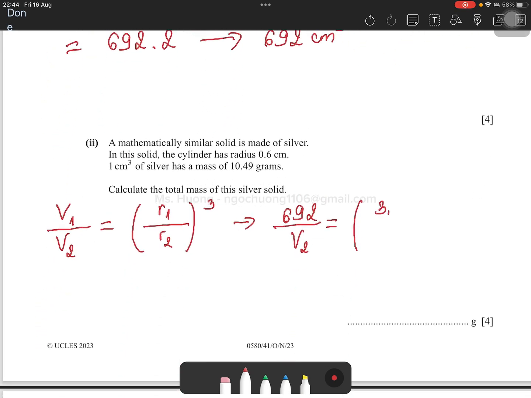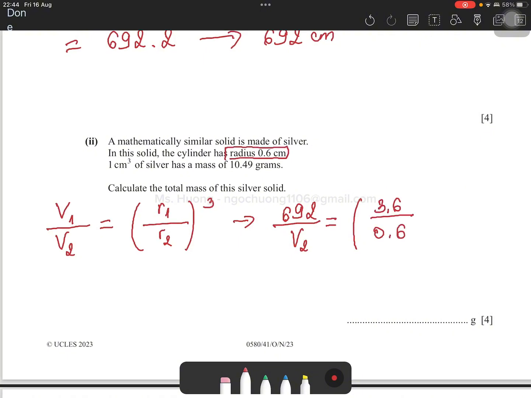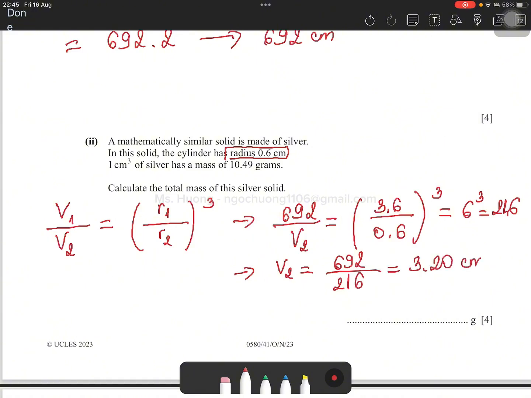So this is 3.6 over the radius of the second solid, which is 0.6 centimeters. So 3.6 divided by 0.6 is 6. So this is 6 cubed equals 216. So if you want to find the volume of the second solid, you need to divide 692 by 216, which is 3.20 centimeters cubed.